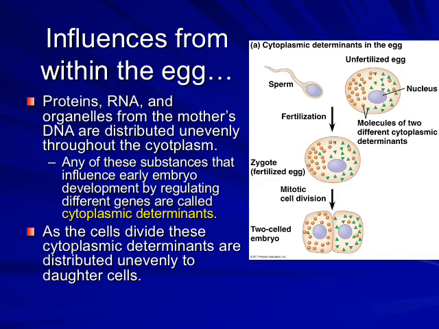So these different molecules that are directing this process are called cytoplasmic determinants. And as the cells divide, these cytoplasmic determinants are distributed unevenly to the daughter cells. And so here you can see 2 different molecules of cytoplasmic determinants, kind of the salmon or brownish colored circles and the green triangles. Those are the cytoplasmic determinants.